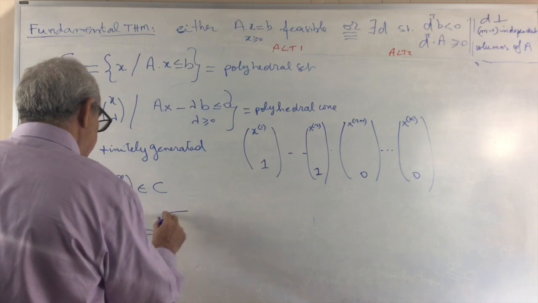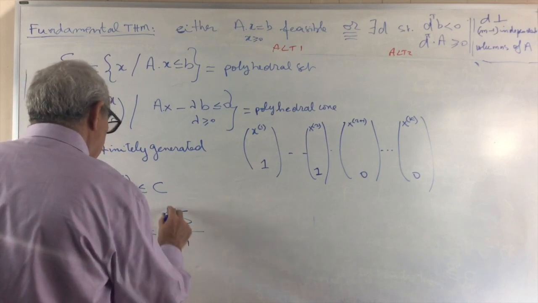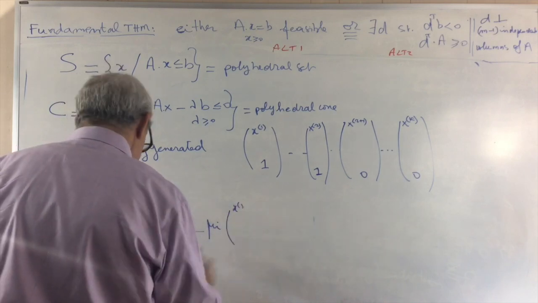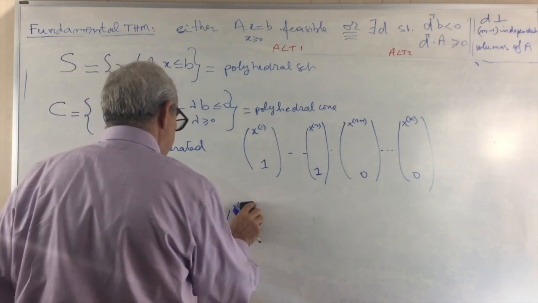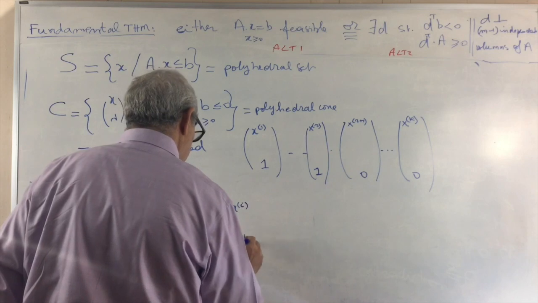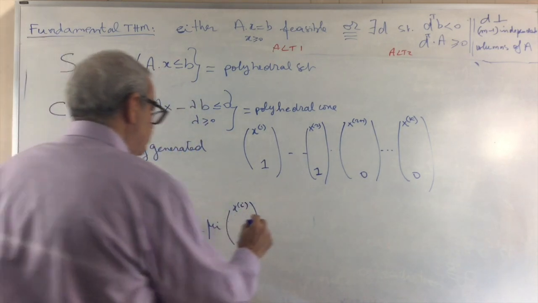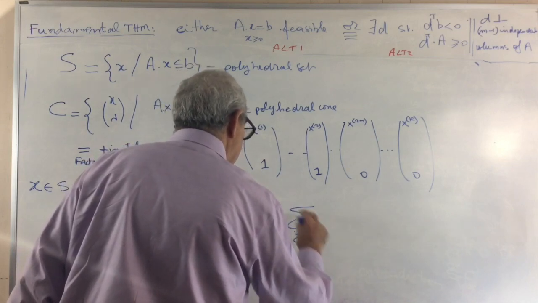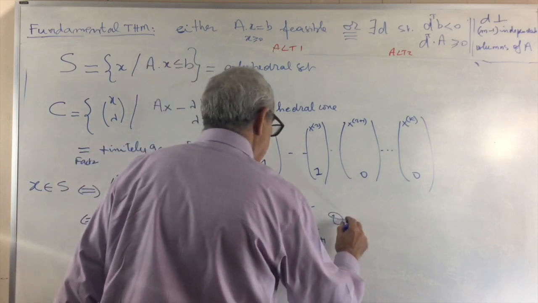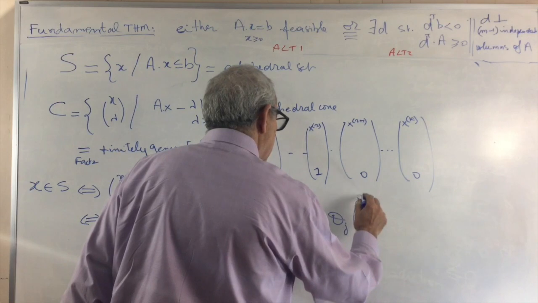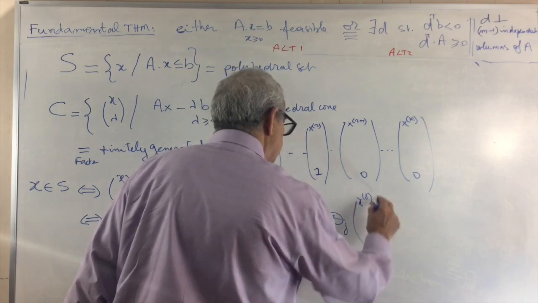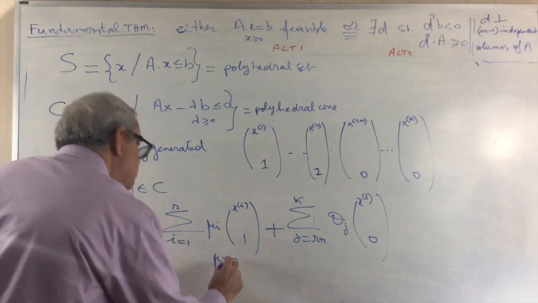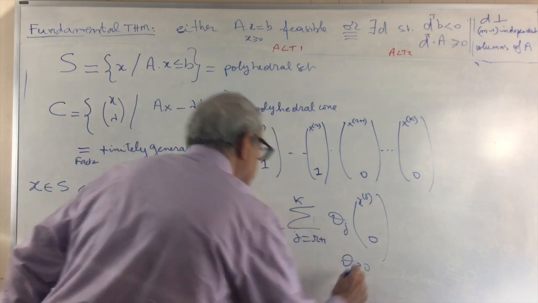So I'm going to write it as the sum i equal 1 till r of mu i times x i 1, plus the sum of j equal r plus 1 till k, and here let's call it theta j times x j 0, where here the mu is greater or equal to 0 and the theta is greater or equal to 0.